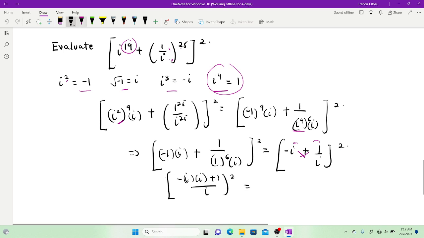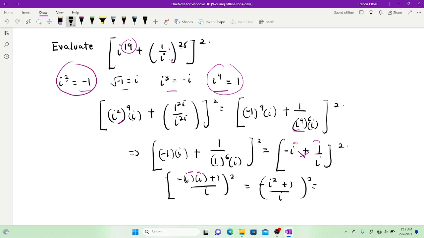But you know that -i by i, I'm going to get -i squared plus 1 over i, all squared. Then i squared is -1 from this side. So I'll have negative of -1 plus 1 all over i, then all squared.